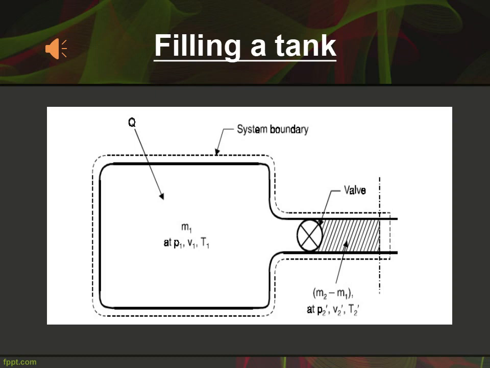We can see that the mass inside the system boundary is increasing with respect to time, and at some point the container will get full and we will close the valve so that no more mass enters the boundary, and with this we can use the process of unsteady flow.